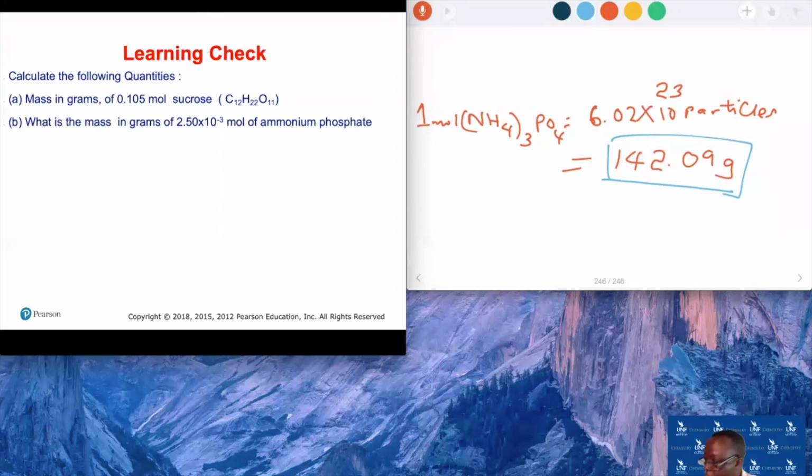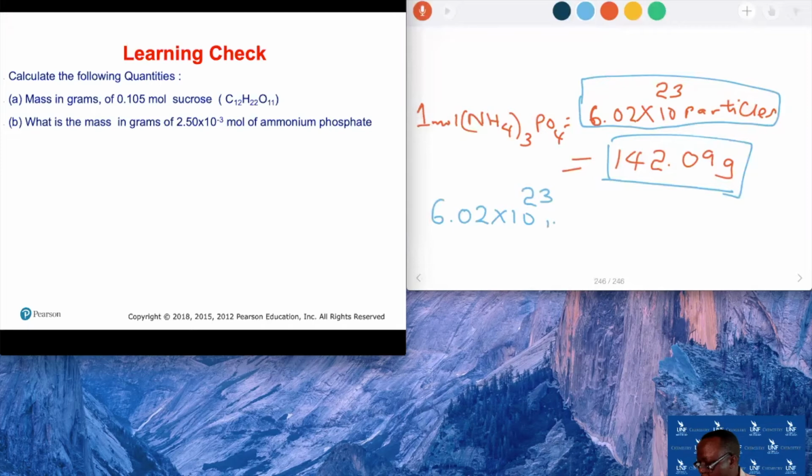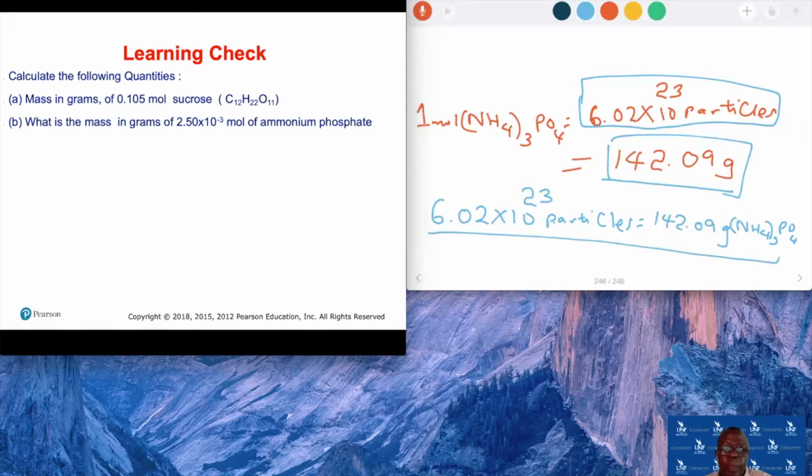And I'm given the number of particles. The equivalent statement we will use is 6.02 times 10 raised to 23 particles equals 142.09 grams of ammonium phosphate, (NH4)3PO4. This is the equivalent statement we need to use in B.